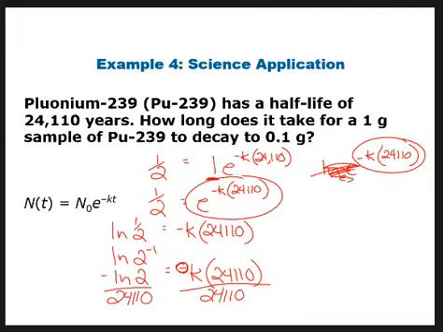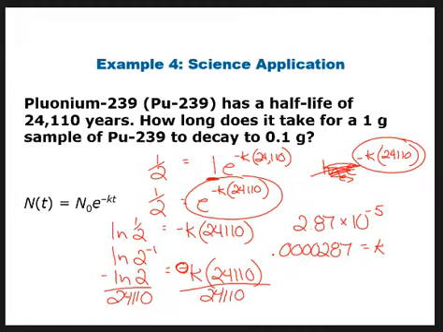So what I get here is 2.87 times 10 to the negative 5th. Or essentially I can take that and say that I'm going to have 4 zeros in front of it. And that is going to equal my K. So 0.0000287 is going to be my constant.